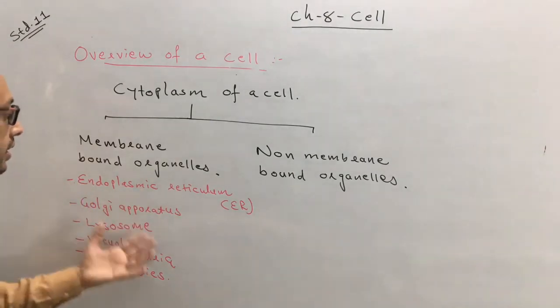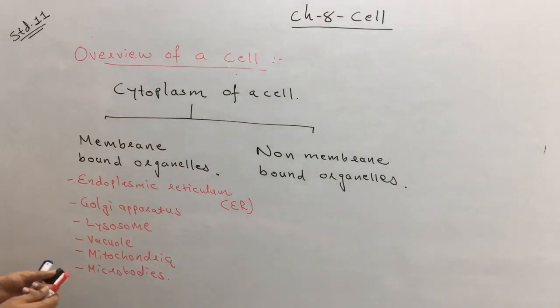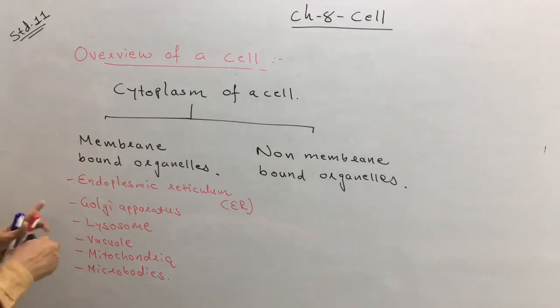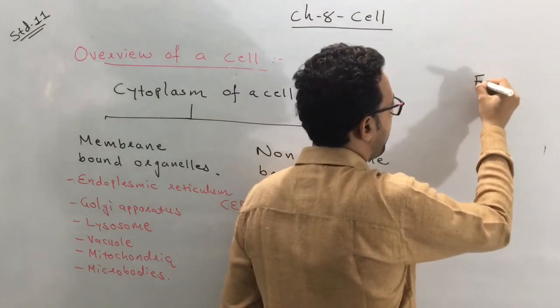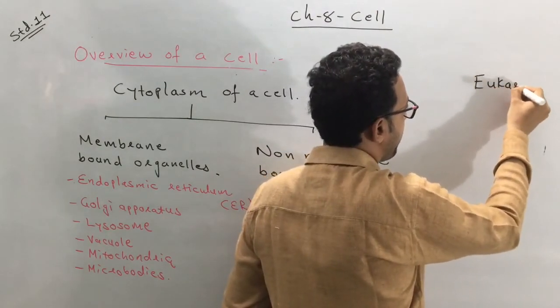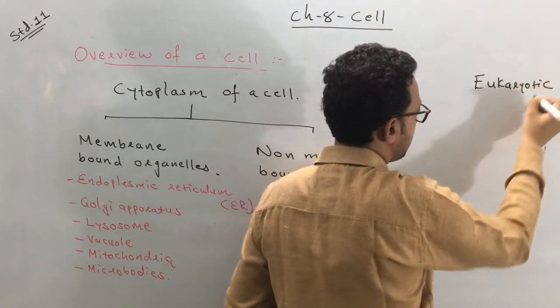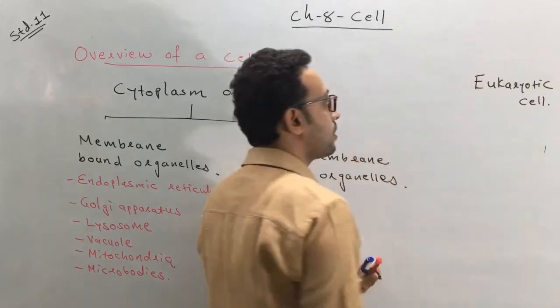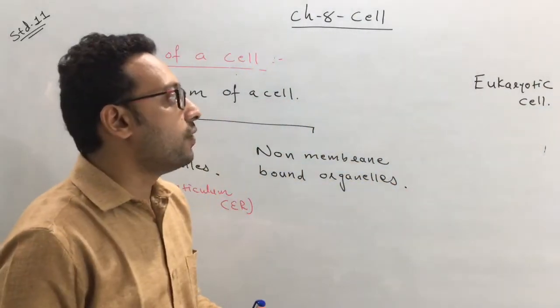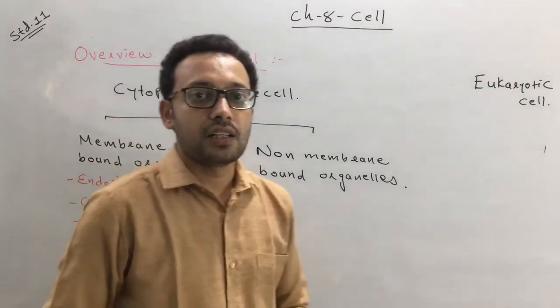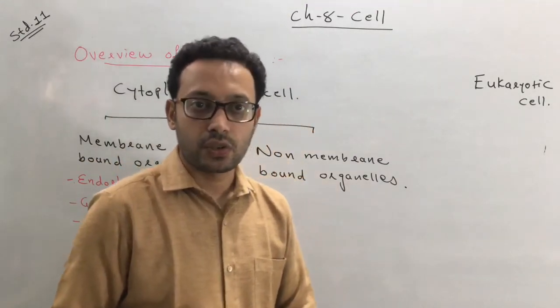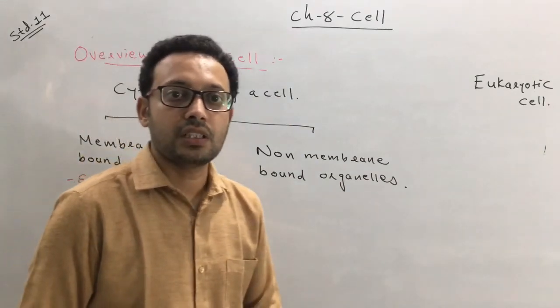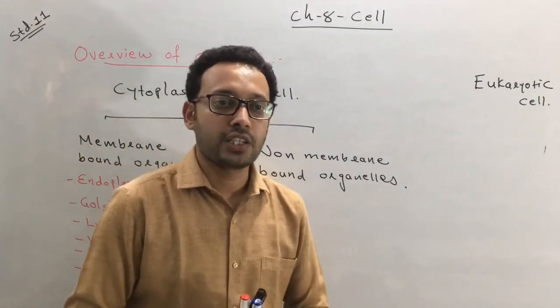Remember, the membrane bound organelles are found in eukaryotic cells. What is the meaning of eukaryotic cell? That we will discuss later on, in the next session.